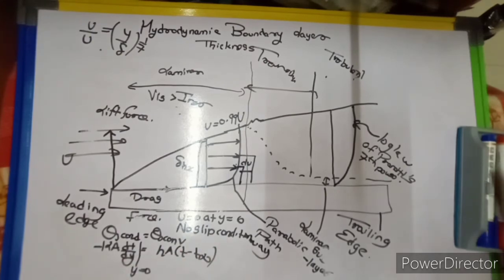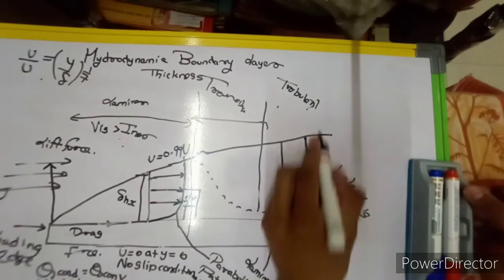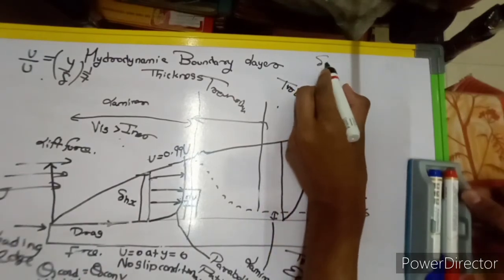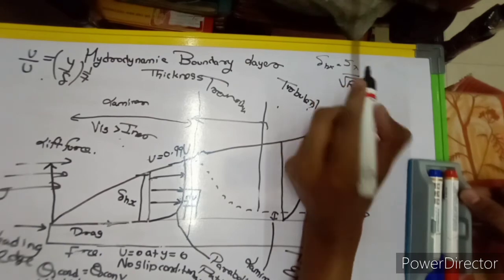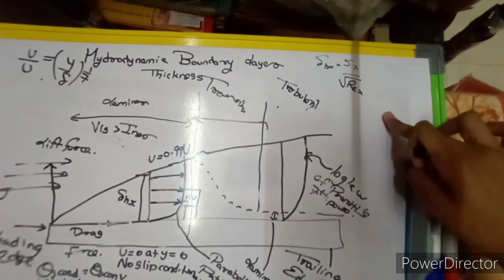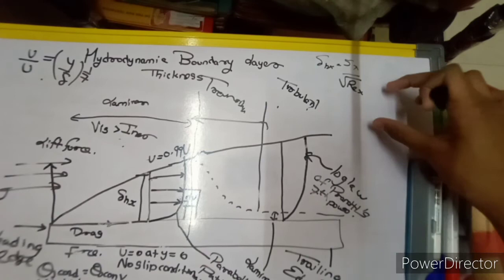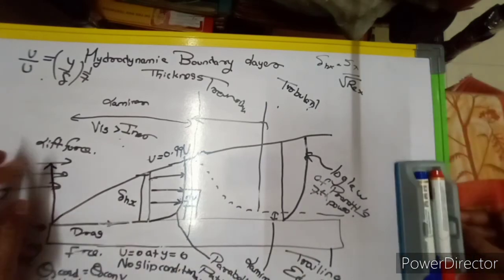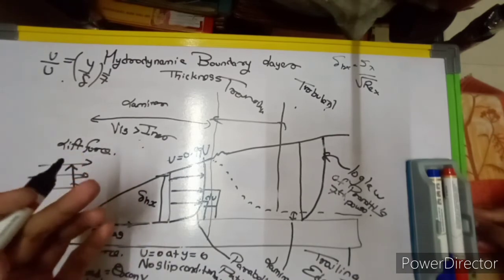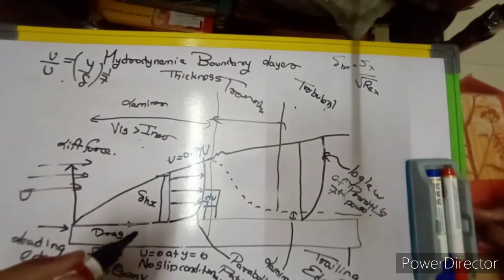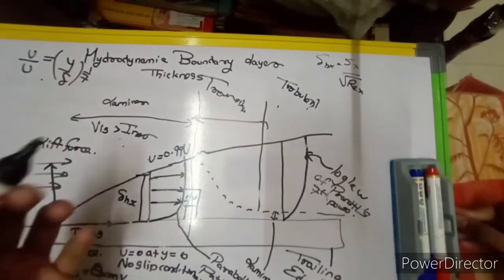And for laminar flow over a plate, the boundary layer thickness delta is given by 5x upon root Rex. See, generally this formula will be given in the question, because it will differ from equation to equation. If there is a predefined equation given by the paper setter, then it will be different, so the formula will be available.